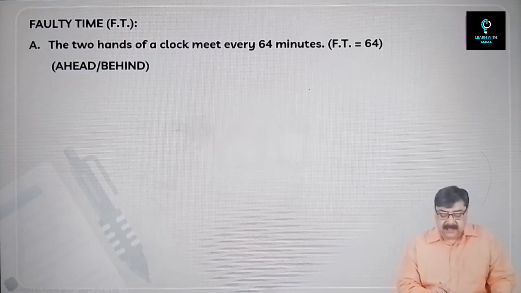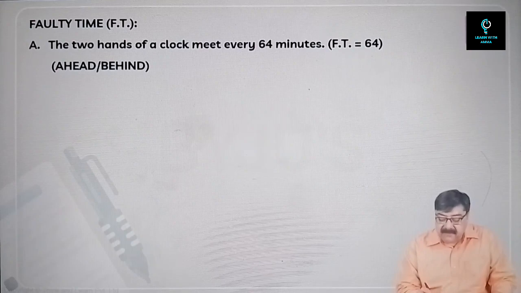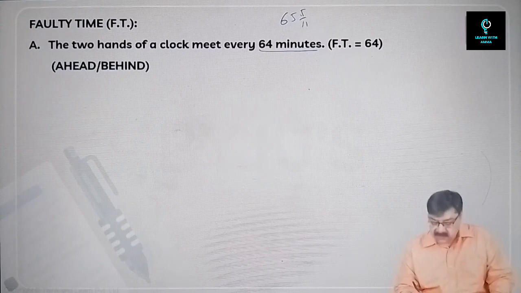So faulty time is any other duration in which the two hands of a clock meet each other apart from 65 5/11 minutes. So let us see, the two hands of a clock meet every 64 minutes. Well, they were supposed to meet in 65 5/11 minutes. So here we can say the faulty time is 64 minutes.